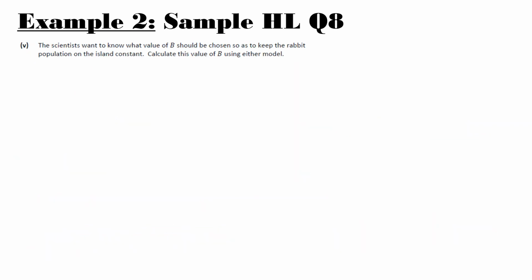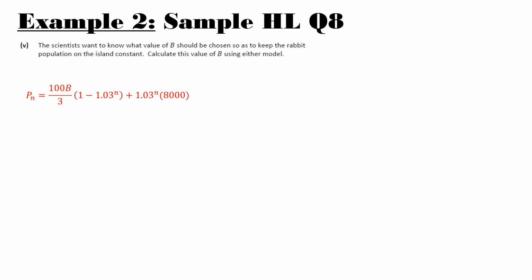So the last part of this question, the scientists want to know what value of B should be chosen so as to keep the rabbit population on the island constant. Calculate this value of B using either model. Because we see more of it, I'm going to use the difference equation model, which looks like this.